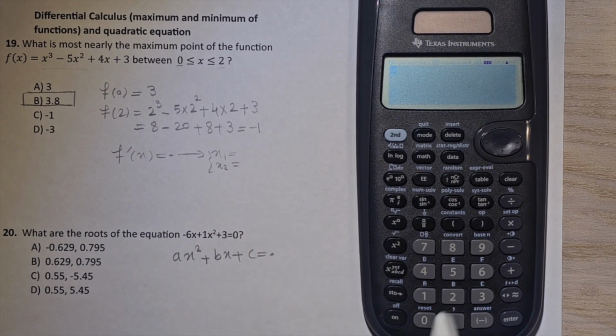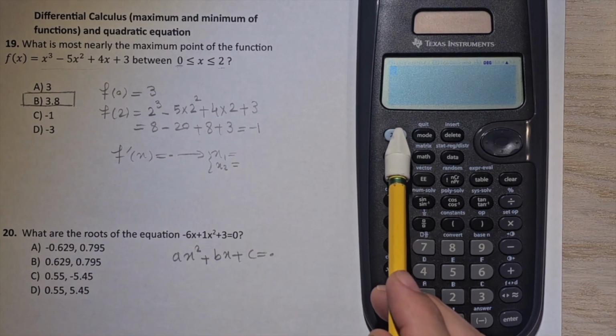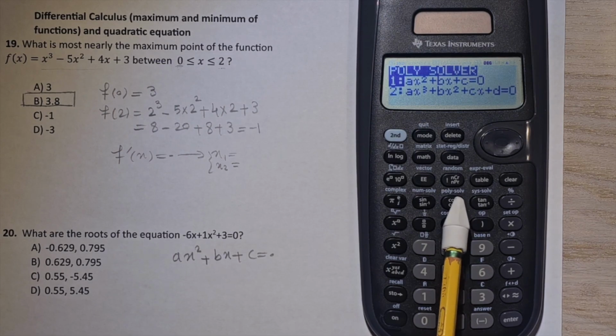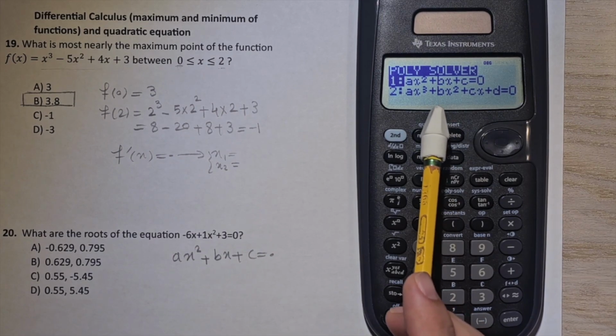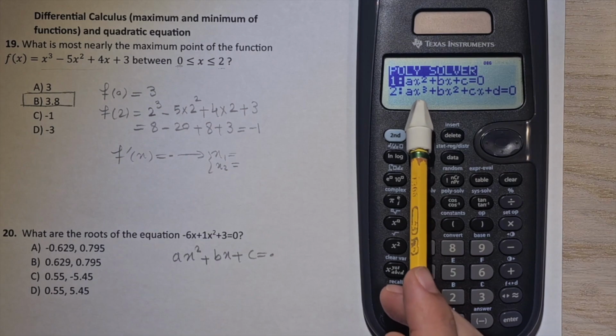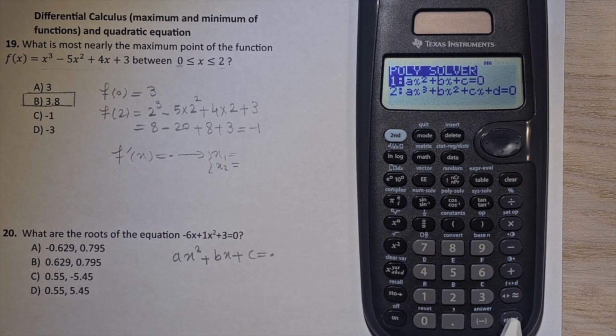I am going to use my calc again. Second button, the polynomial solve key. As you can see here, we have quadratic equation in number 1 and cubic equation in number 2. So I am going to enter as highlighted.